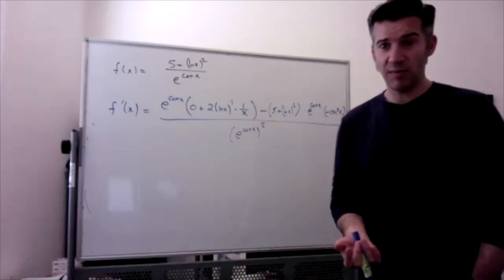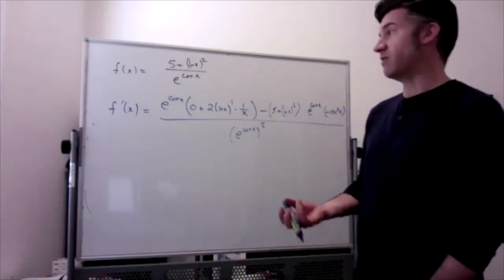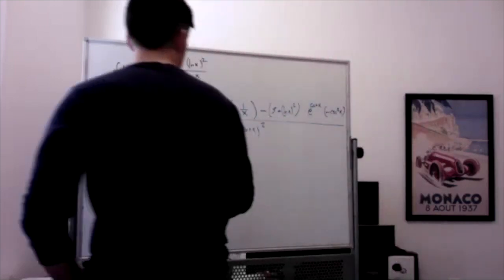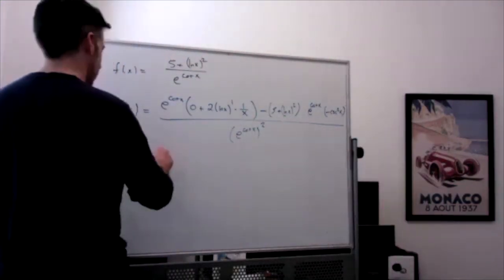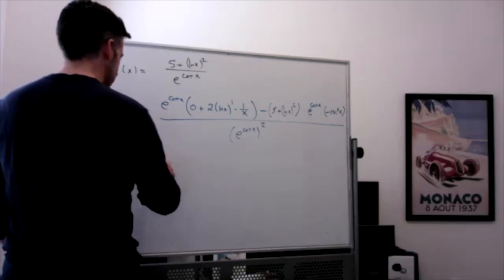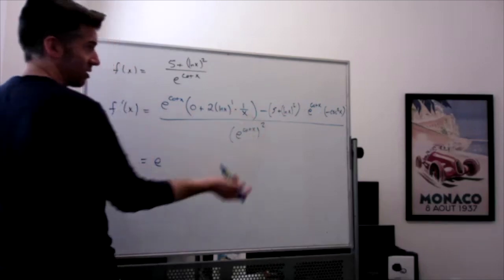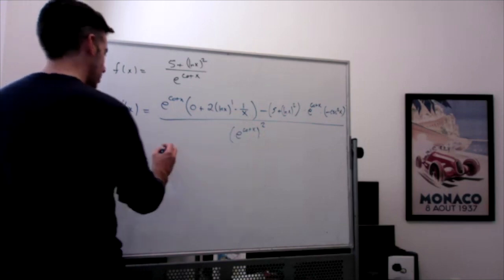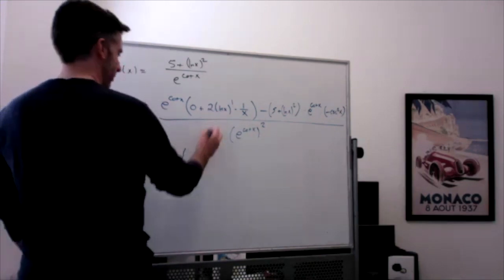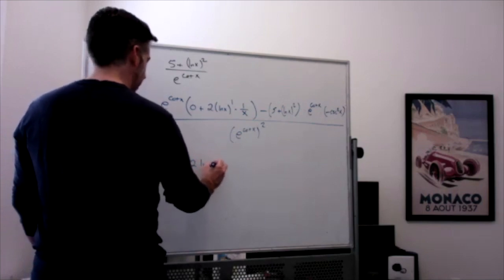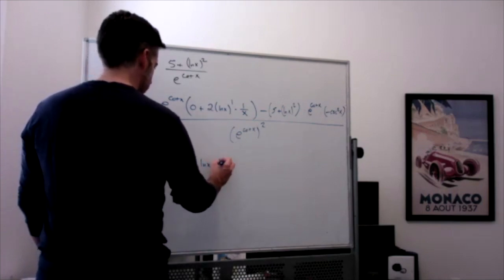And if they didn't say to simplify, I wouldn't simplify. If they did say to simplify, here's what I would do. There's not a lot of simplifying to do here. You could factor out an e to the cotangent of x. So e to the cotangent x times, you have a 2 natural log of x times 1 over x.